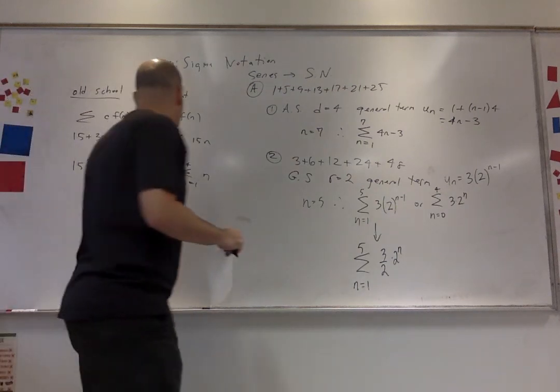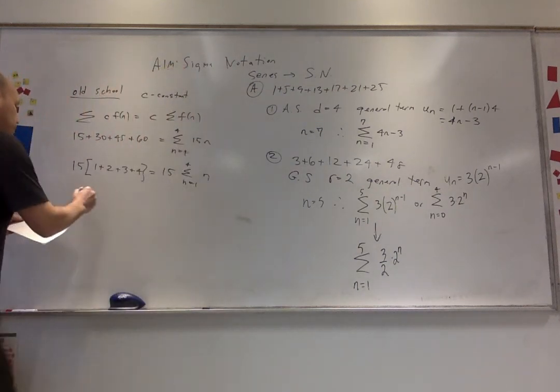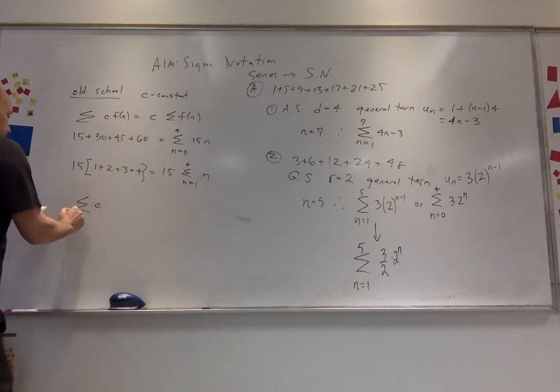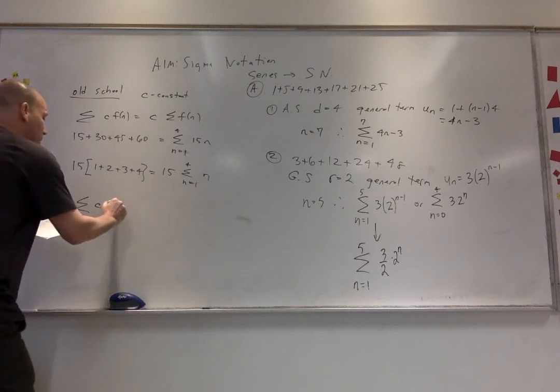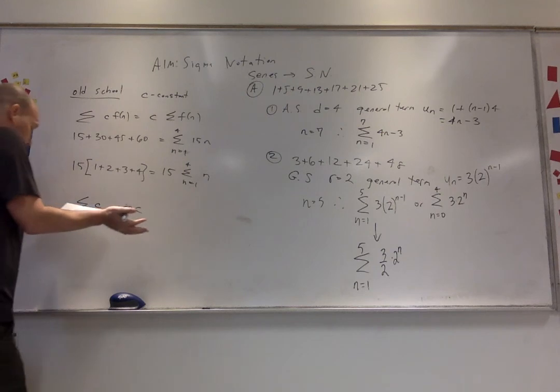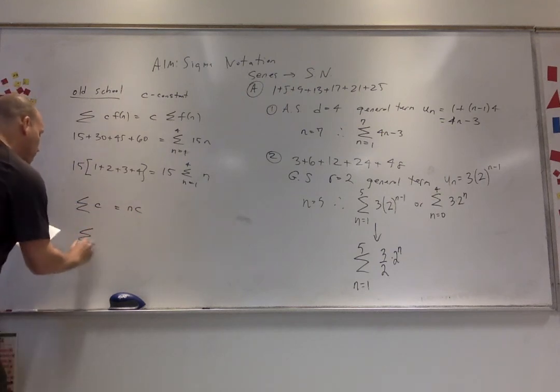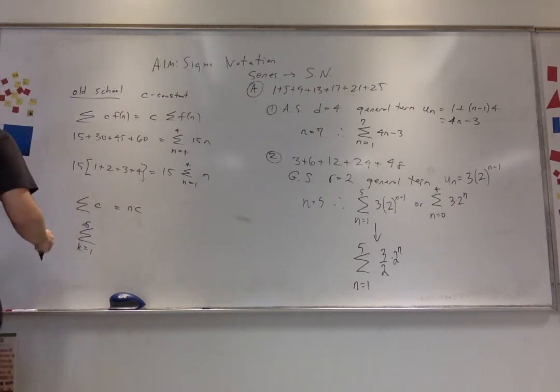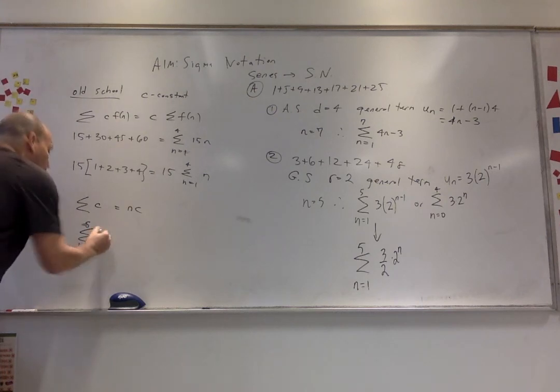The last thing I want to talk about is simply this last rule, which is the summation of C, and that's simply nC. What's going on here? Well, let's just do an example. How about we take sigma notation from n equals 1 up to, well, let's go up to 5 to make our life easier, with a constant like 3.